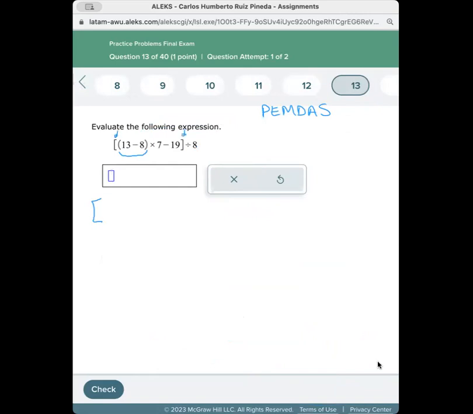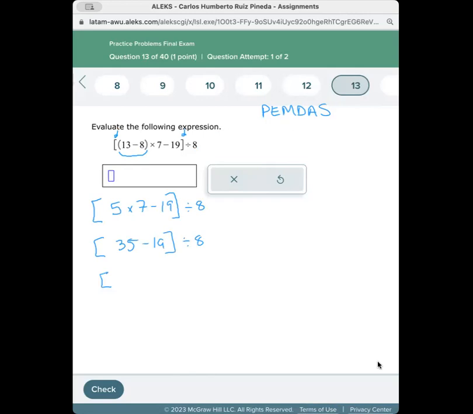So we get 13 minus 8 is 5 times 7 minus 19 divided by 8. And then we have 5 times, oh, sorry, I'll solve this right away. So it's 5 times 7, 35, minus 19 over 8.